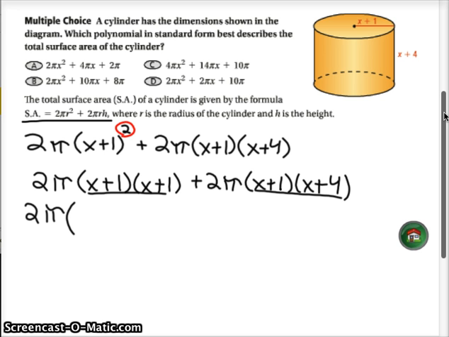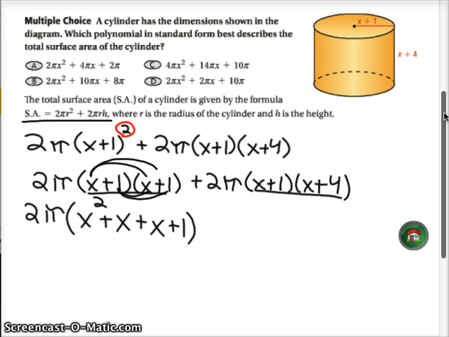Now I'm going to start foiling. F for first. X times x gives me x squared. O for outside, x times 1 gives me just x. Inside, 1 times x just gives me x again. And L for last, 1 times 1 just gives me 1. I'm going to do the same thing for the second one.